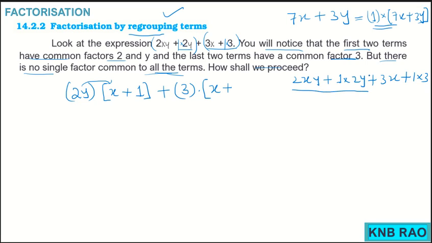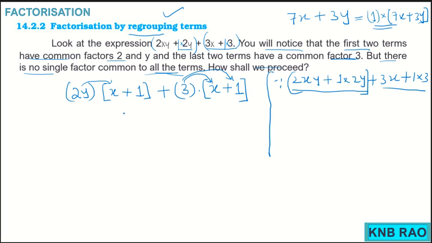So in the first two terms I have taken 2y common, in the last two terms I have taken 3 common, and now 3 into x plus 1 comes. This is how we write. Now you check back whether you get the given algebraic expression when you multiply 3 into x, 3x, 3 into 1, 3. So from this product we will get the first two terms. From the product of 3 into x plus 1 we will get the last two terms.